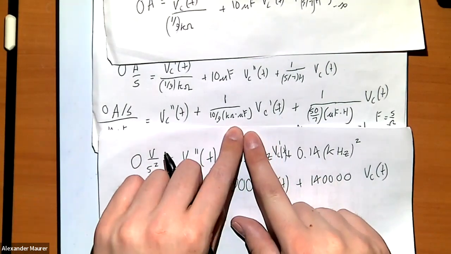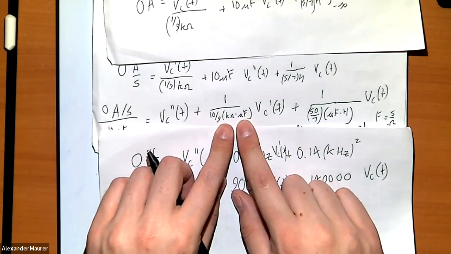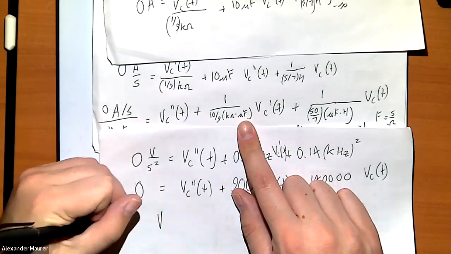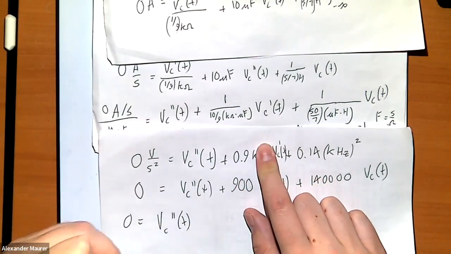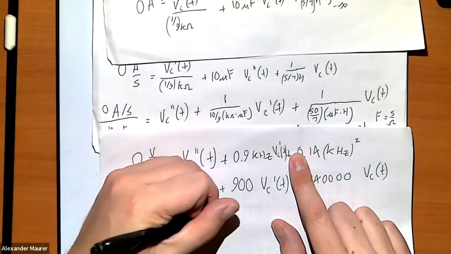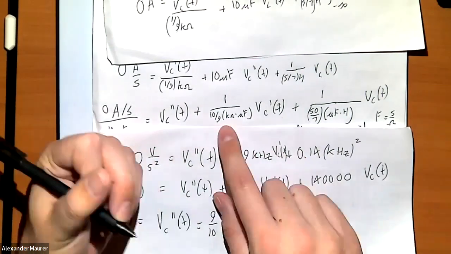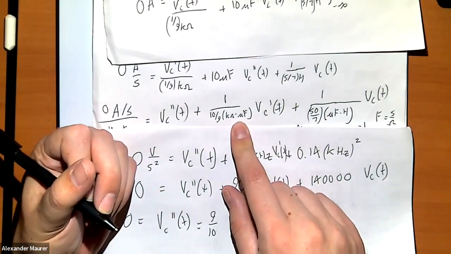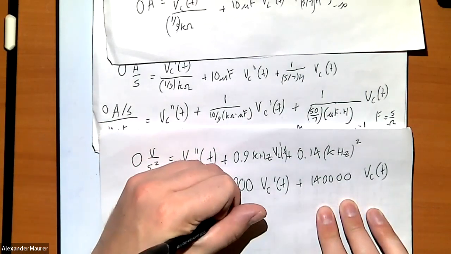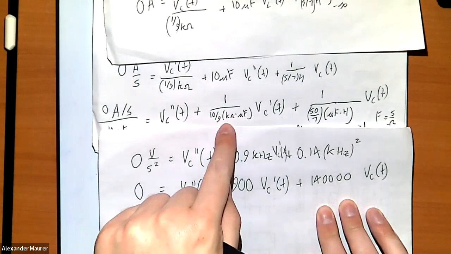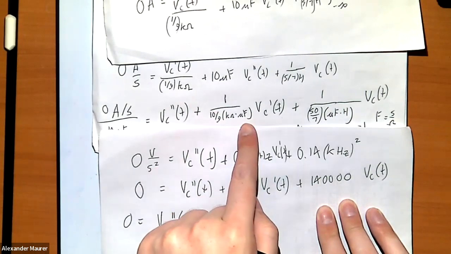So it was probably wiser to just say, okay, kilo times micro. So we can just say 0 equals VC double prime of T. So this is going to equal 9/10. Kilo times micro is milli. In the denominator is 10 to the third, because this is times 10 to the third times 10 to the minus sixth.